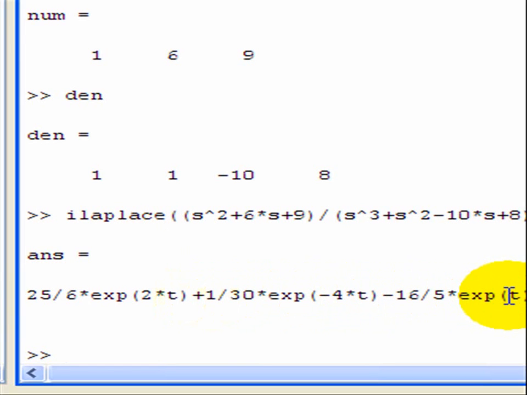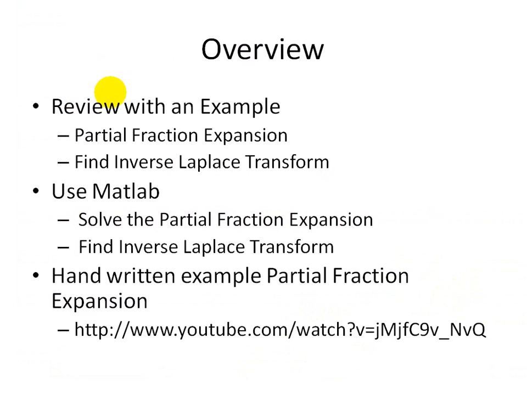So that's how you do, very simply, finding the inverse Laplace transform of a polynomial function F of s. The handwritten example for the partial fraction expansion can be found in the following YouTube video shown here. And that concludes this presentation on partial fraction expansion and how to use MATLAB.